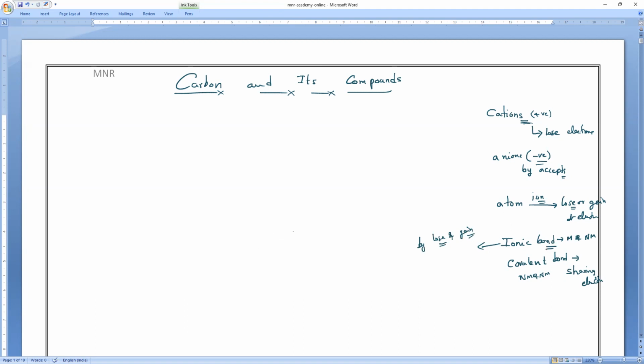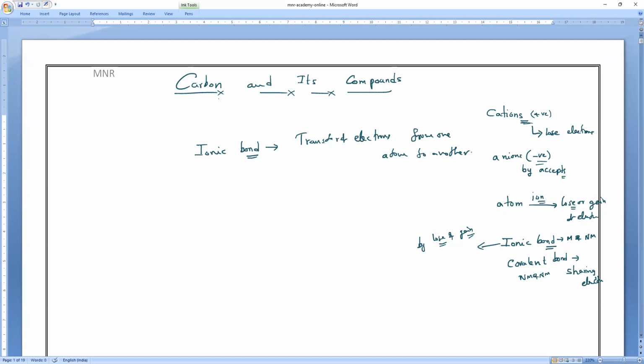So they are formed by transfer of electrons from one atom to another. That is the meaning of ionic bond.